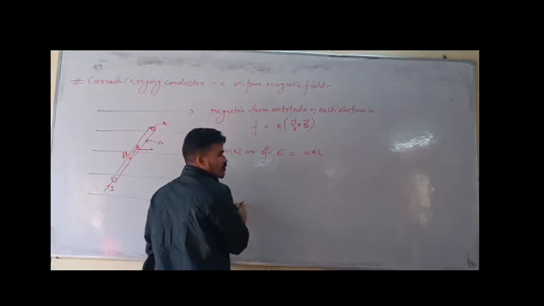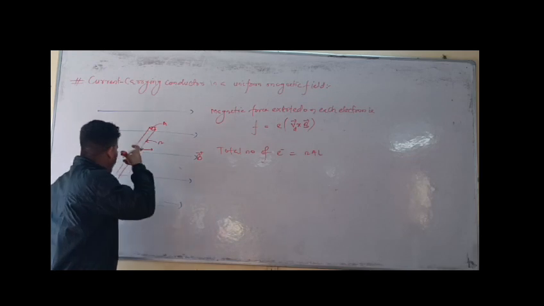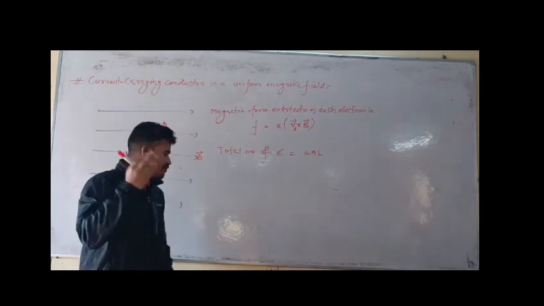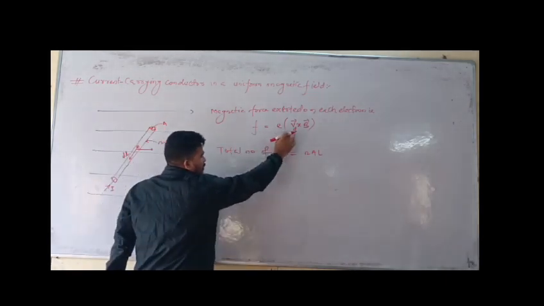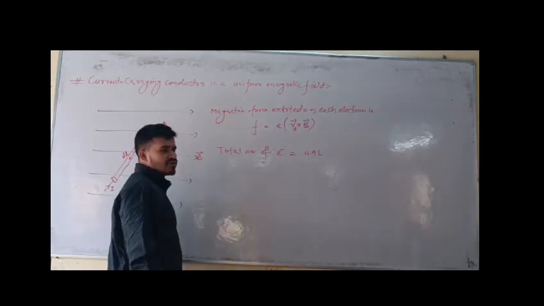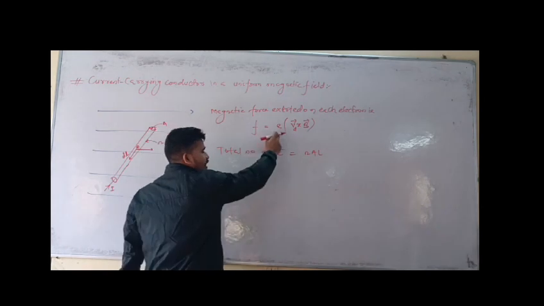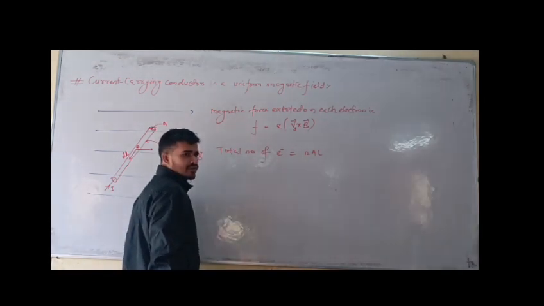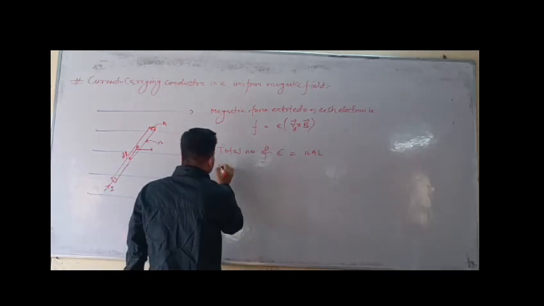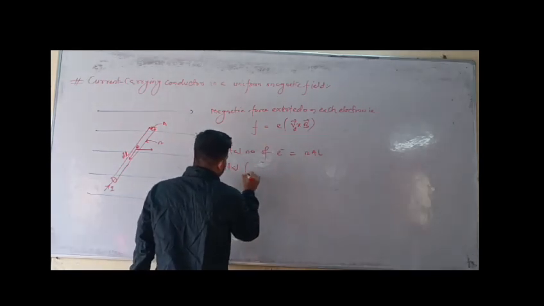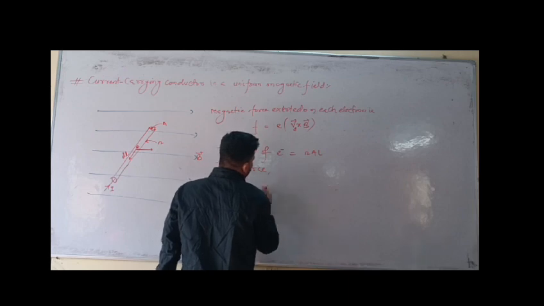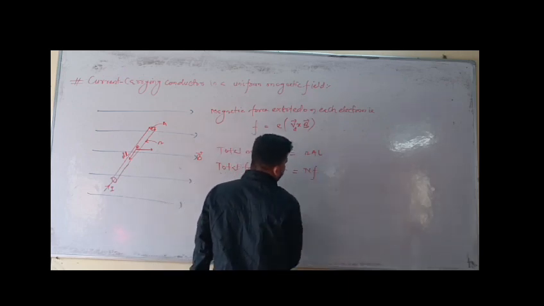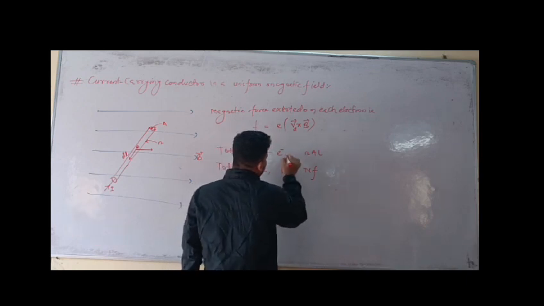Now I want to calculate the total force, the total force on the conductor. This force is for one electron, so it will be multiplied with the total number of electrons. How many electrons are there? These many. So total force F will be equal to N into f.